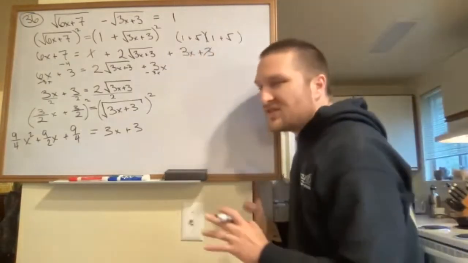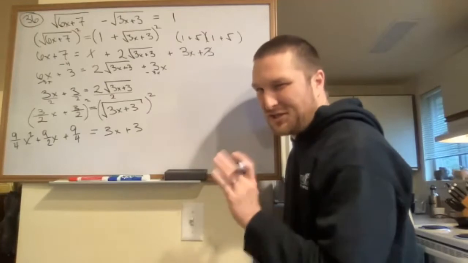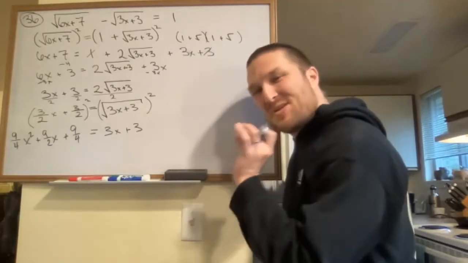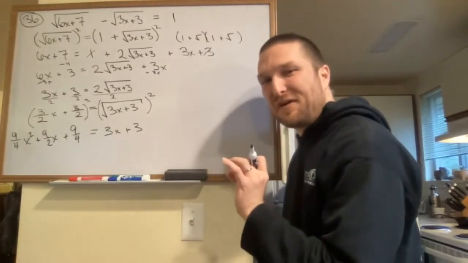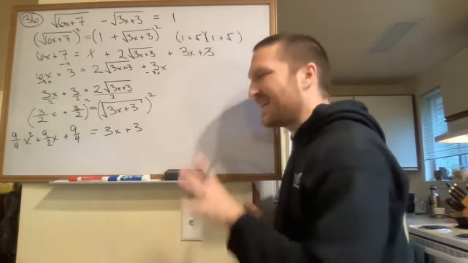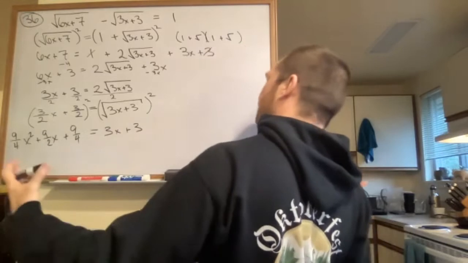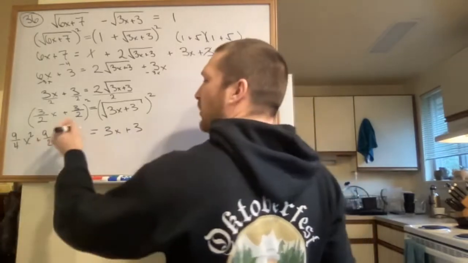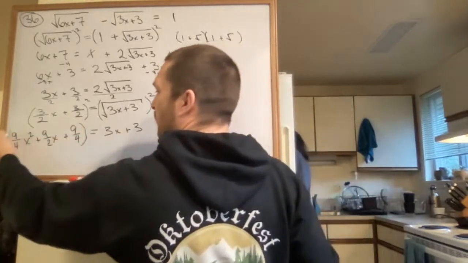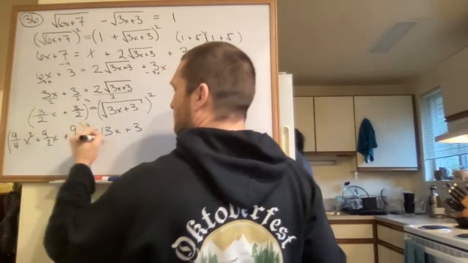Now, I'm going through this the hard way just to show you that you don't always want to blindly follow rules. We'll talk about it in just a second. But I notice fractions, and I don't like fractions, so I'm going to multiply both sides by 4.